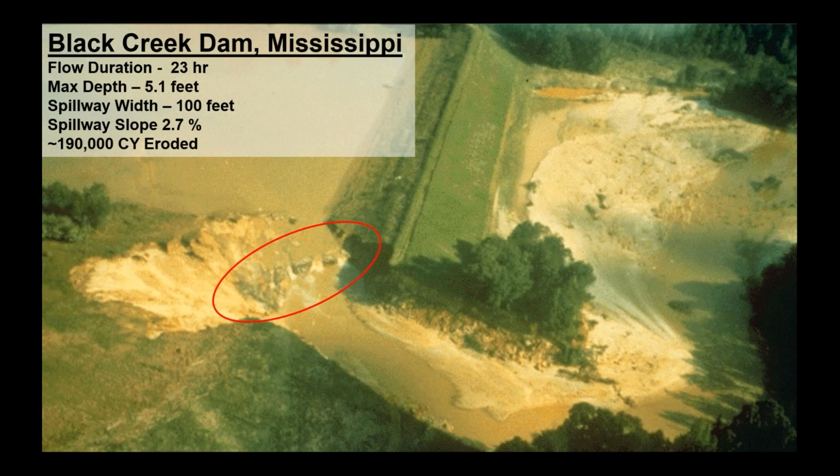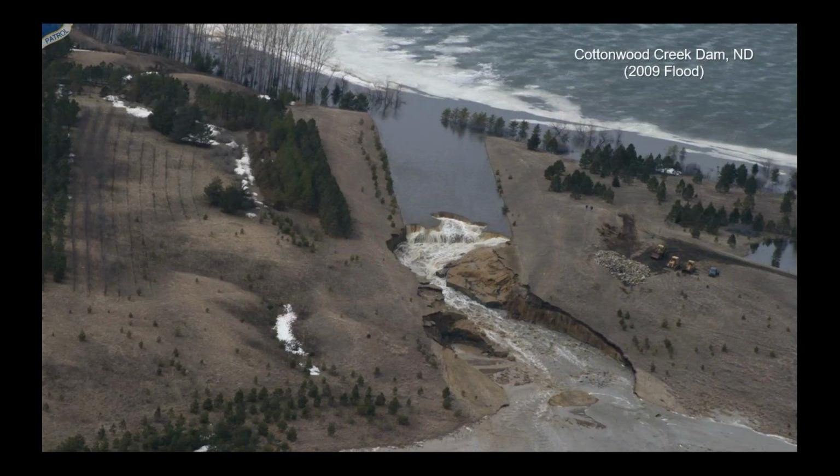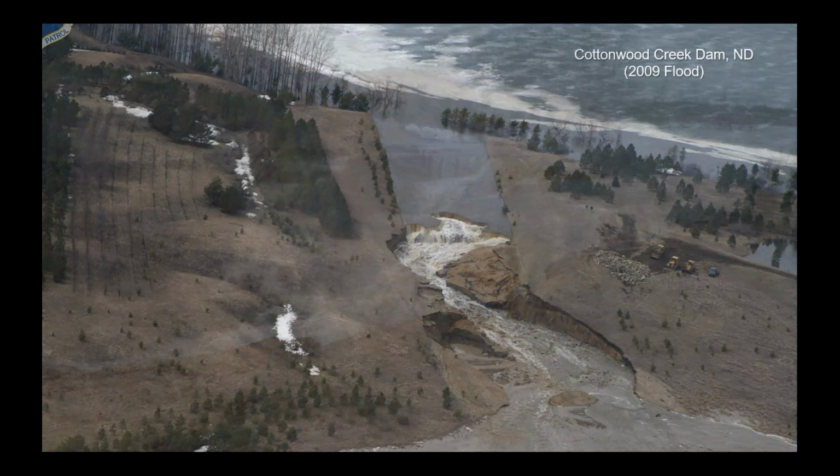So what are things that could happen to a spillway in terms of maybe deferred maintenance? Sometimes it may be a result of the original design, that the engineers underestimated the erosion resistance of the grass lining for this particular case, and that you can end up with erosion starting at the downstream end of the spillway, and then it begins to head cut upstream and then eventually breach the spillway.